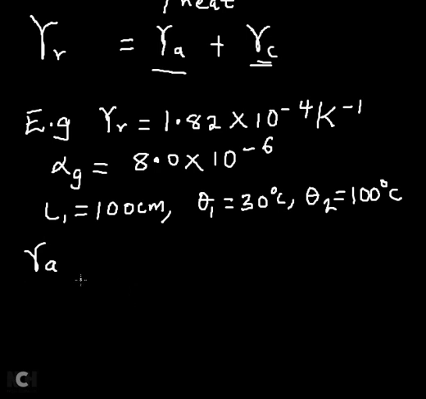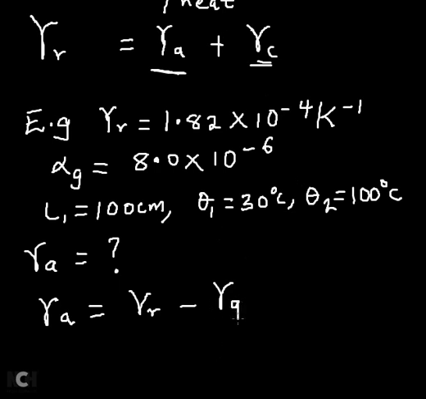So how do we calculate the apparent expansivity? This is what you're looking for. From the formula, we know very well, if I make the apparent expansivity the subject of the formula, the apparent expansivity is going to be equal to the real expansivity minus the cubic expansivity of the glass container.